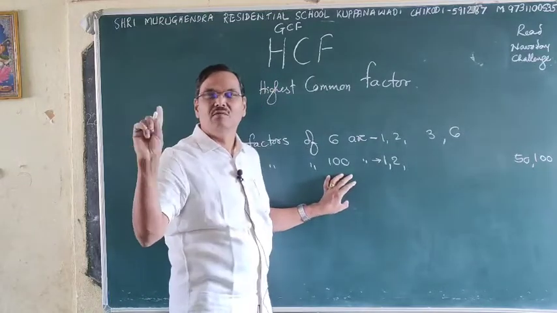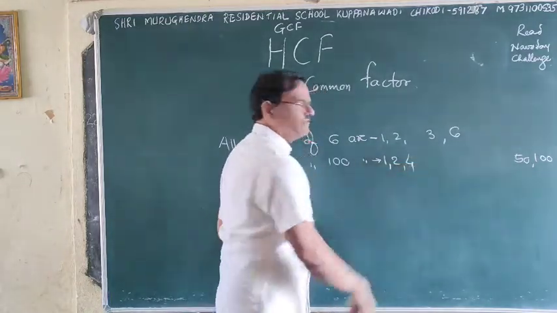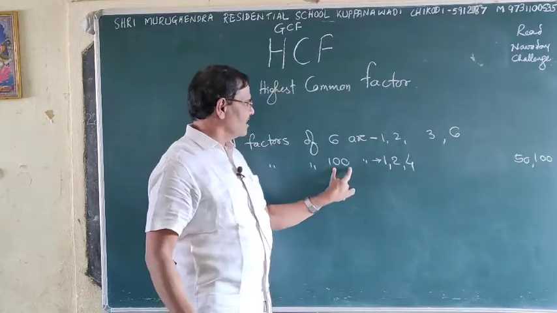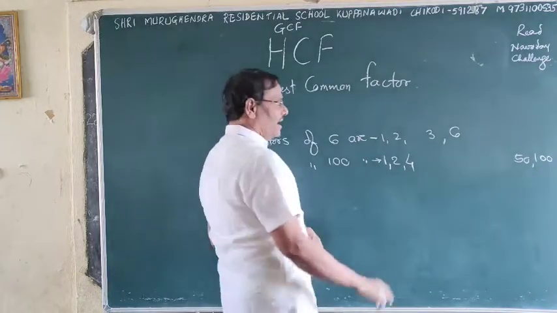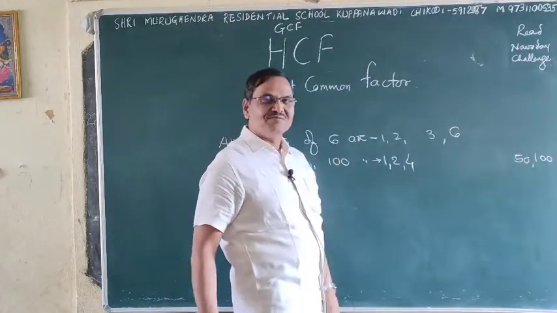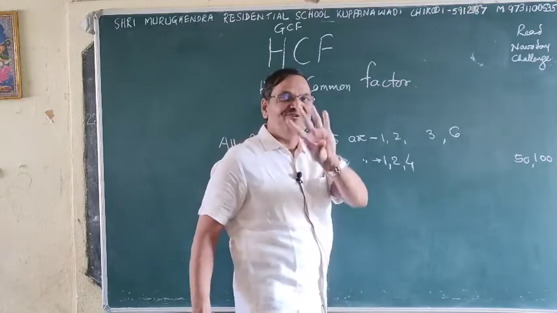It is definitely divisible by 4 because it ends with 2 zeros, and its pair is 25 because 100 has 4 twenty-fives.